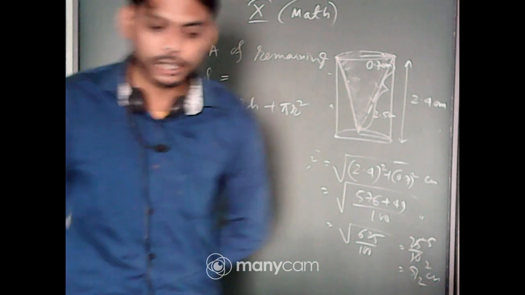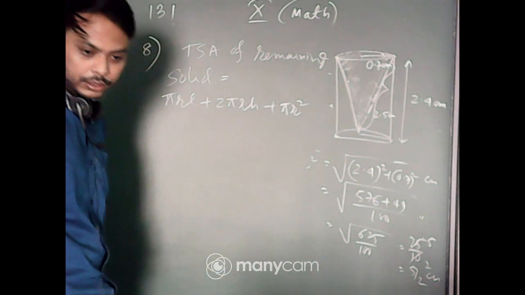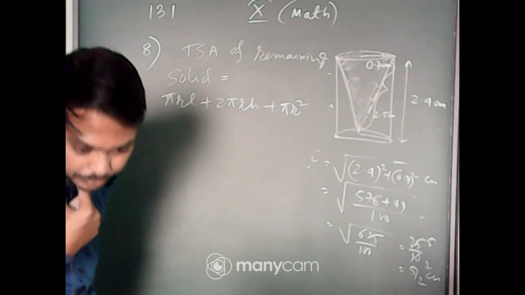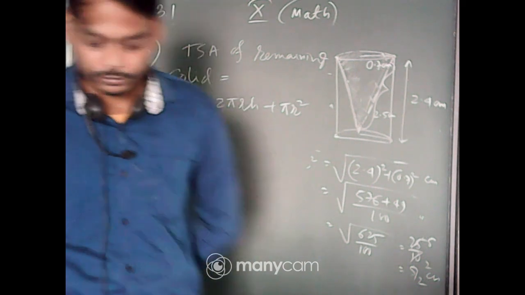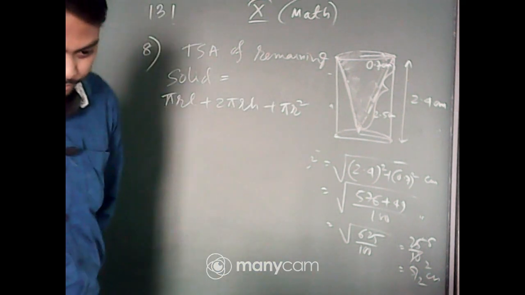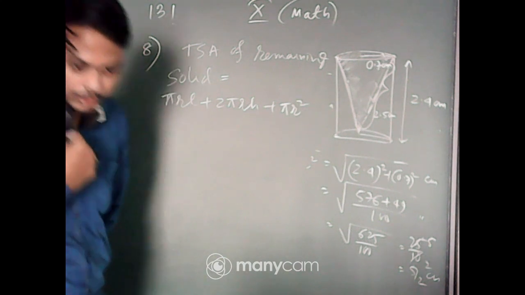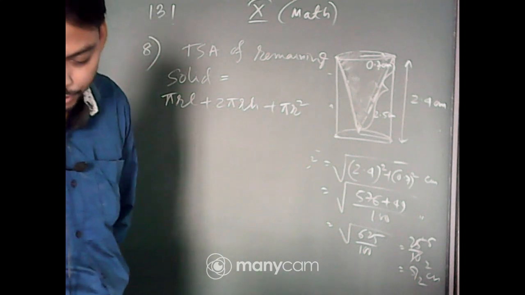TSA, cylinder plus cone plus the lower base. Tell me step by step, not just the answer.